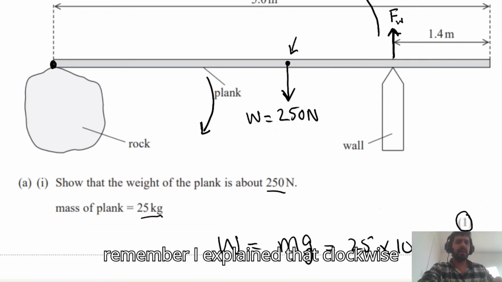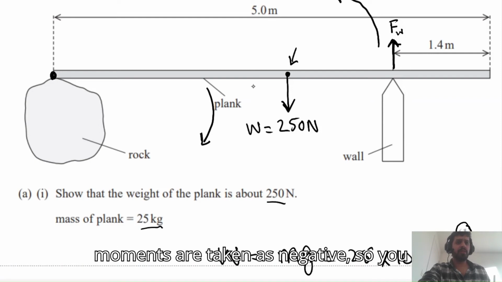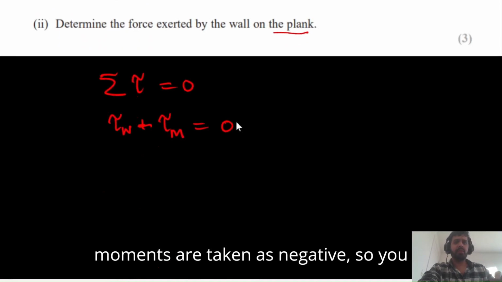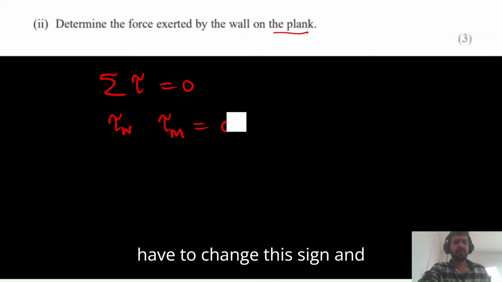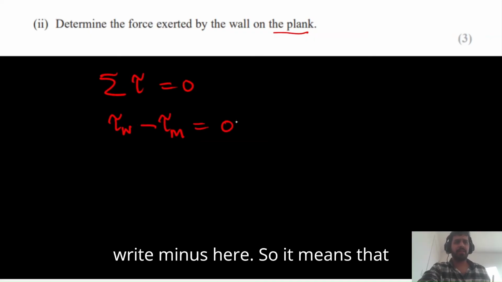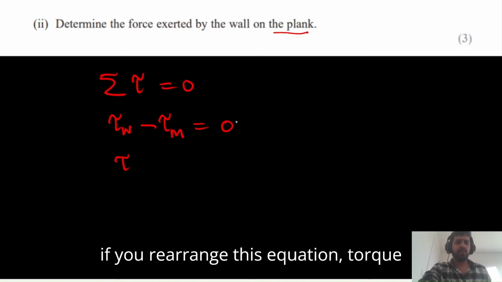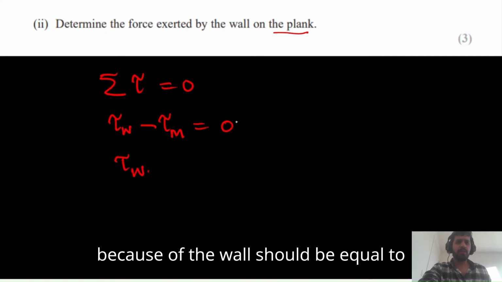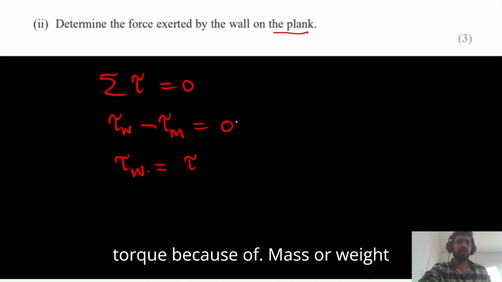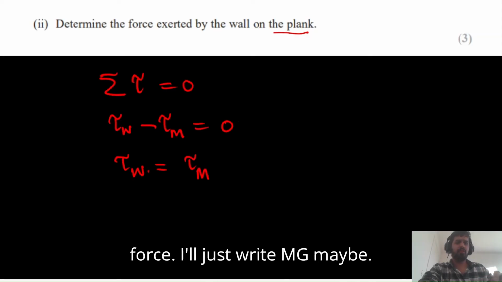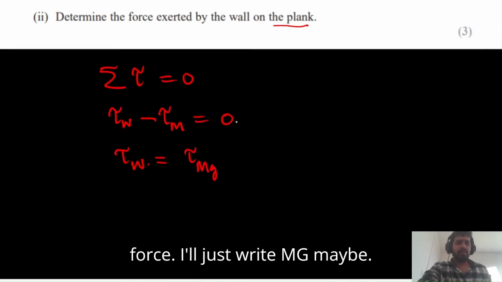And remember, I explained that clockwise moments are taken as negative, so you have to change this sign and write minus here. So it means that if you rearrange this equation, torque because of the wall should be equal to torque because of mass or weight force. I'll just write mg maybe.